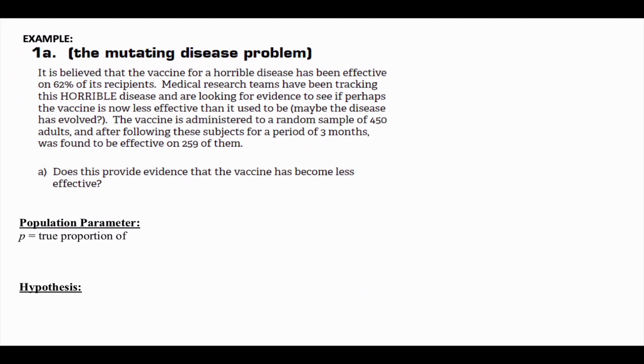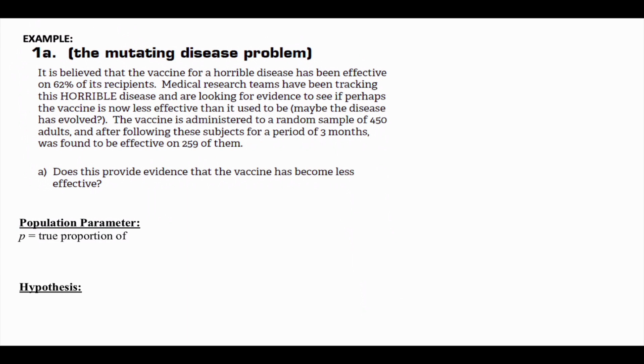It lessens the chances that you'll get the disease. And if you do get the disease, you won't get as sick, right? That's what all vaccines do. COVID, flu, there's other vaccines too out there. So what they're saying is this horrible disease has a vaccine.